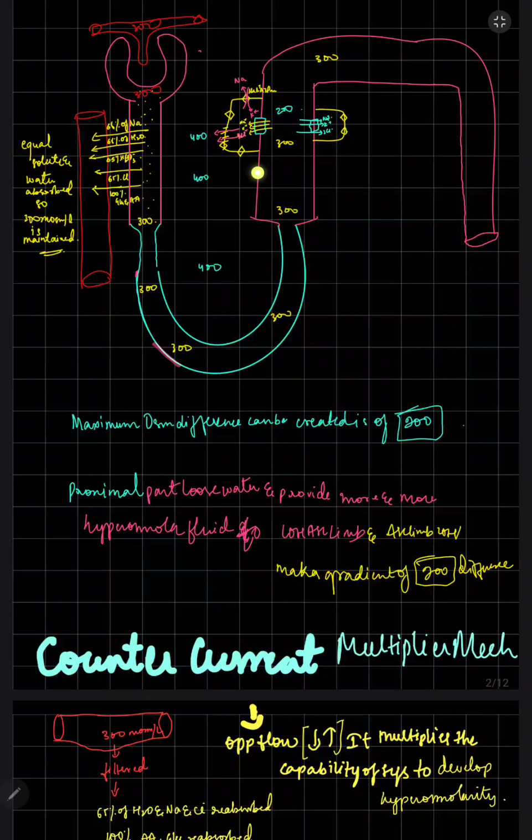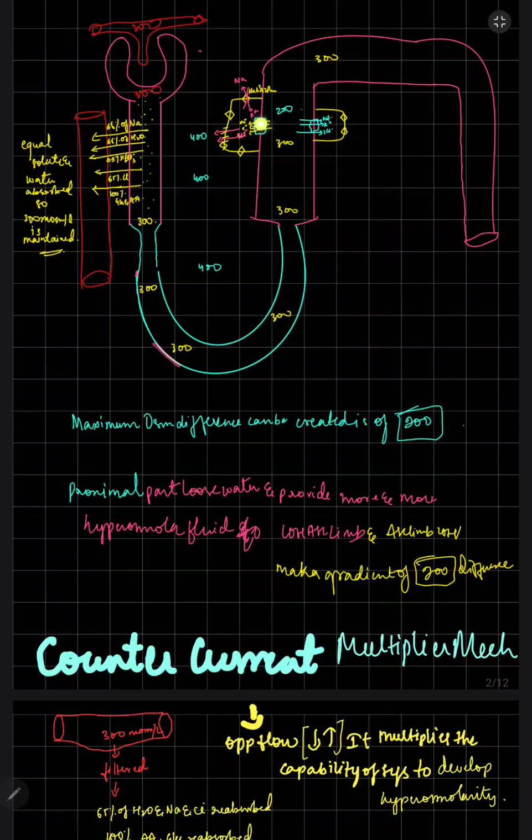When it reaches this thick part, if this nephron is working for the first time, obviously there will be no medullary hyperosmolarity, so basically it was 0. Now this is the first time this fluid has reached here with 300 milliosmol per liter.